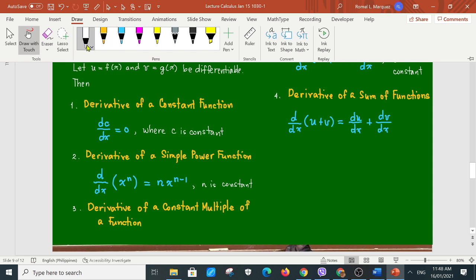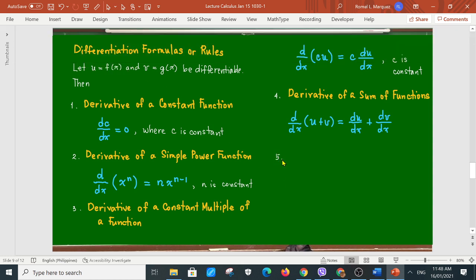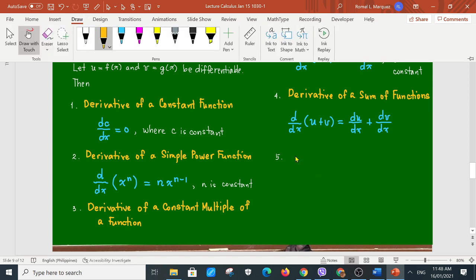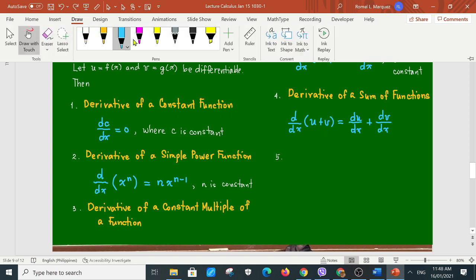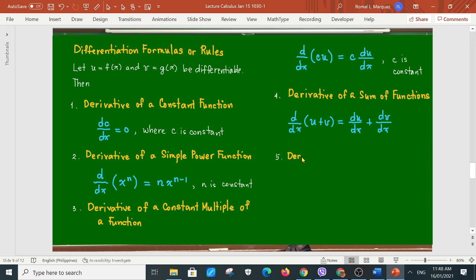Now we have number 5, the derivative of a difference of functions. Actually, just make it minus here.